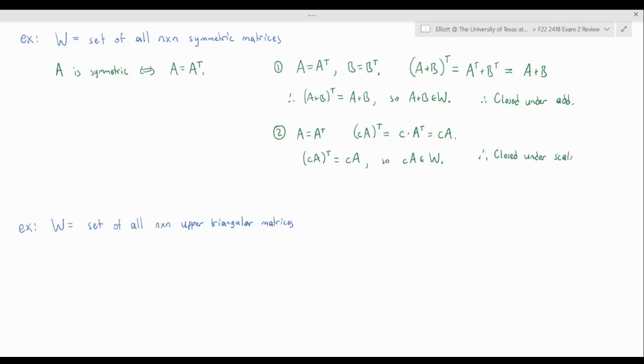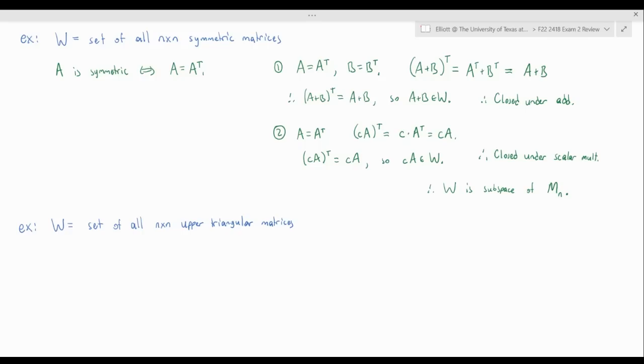So that proves that it's closed under scalar multiplication. And therefore it would be a subspace. In this case, it would be the subspace of the space of all n by n matrices. So a subspace of M_n. Okay.